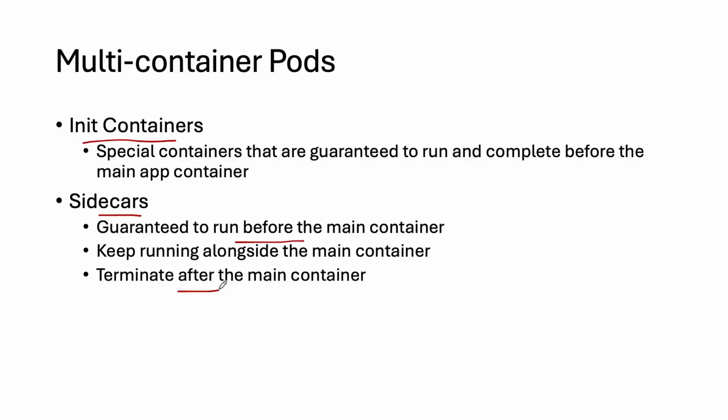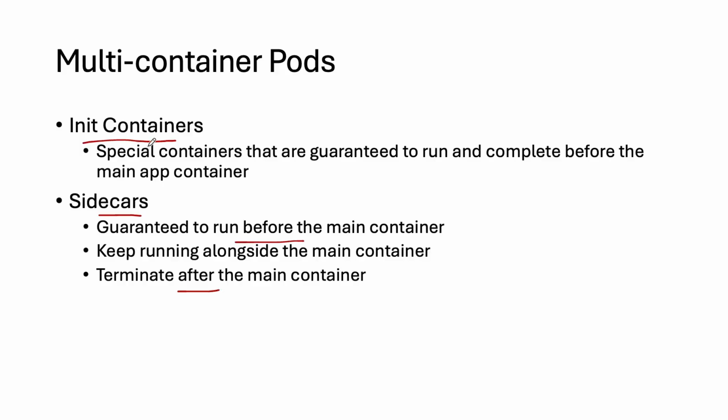A use case for sidecars is, let's suppose you want to publish the logs to some external destination and you don't want to build that logic in your main application, which is a very common use case and a decoupled architecture. So you could have a sidecar container running alongside the main container, tailing the log files of the application and publishing the logs to the external destination.